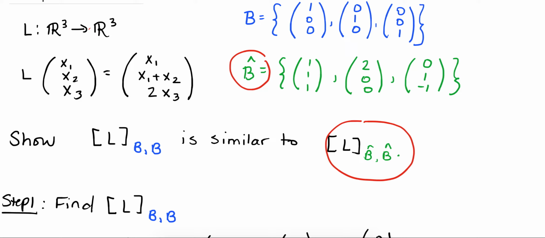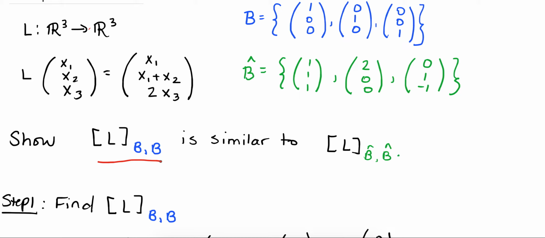So how are we going to do that? Well, my first step is actually just to calculate this matrix. And then once I calculate that matrix, we could calculate this matrix.